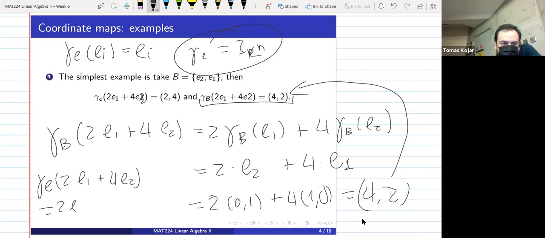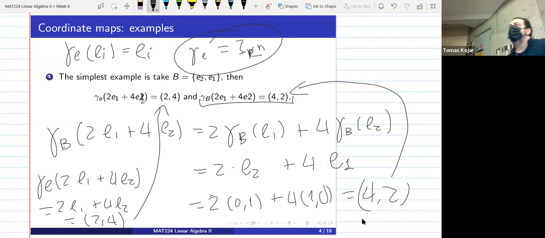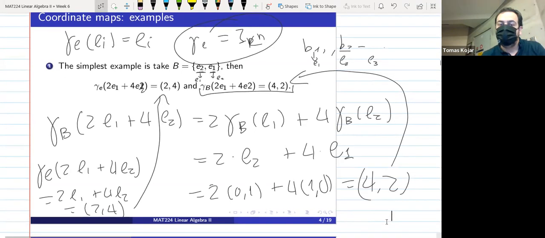So yeah, this is times 2E1, 4E2, which gives you 2, 4. Okay? So ordering matters. That's the lesson of this example. If we write E2, E1, we mean send this to E1 and send this to E2. If we write B1, B2, whatever, E1, E2, E3, we always make sure we write it in ordered way.